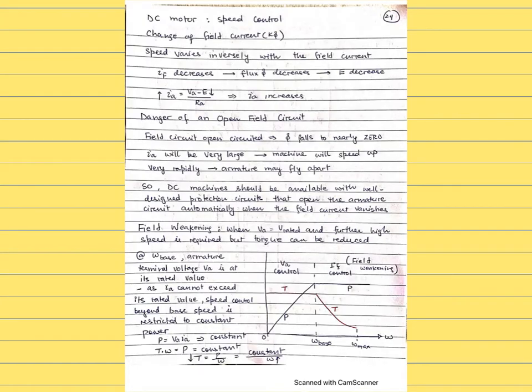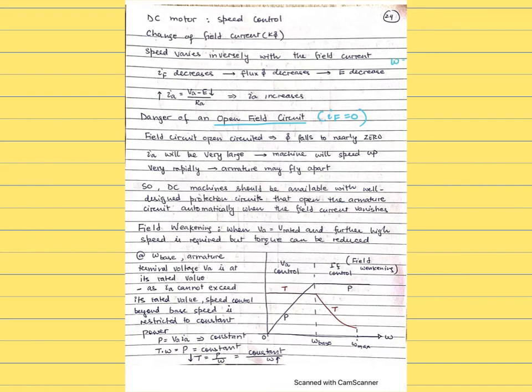Now with this method of speed control, we have a challenge too, and that is the problem or danger of an open field circuit. This corresponds to IF equals 0. How? We're changing the field current, and the speed varies inversely with the field current, right?